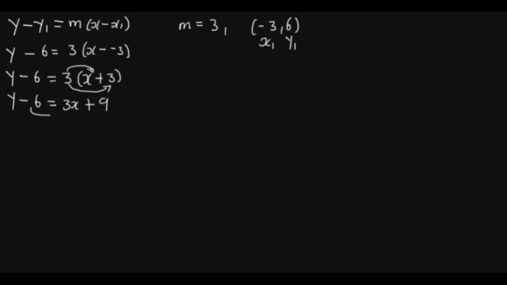So we have to shift this -6 to the other side. So we have y is equal to 3x plus 9 plus 6. y is equal to 3x, 9 plus 6 is 15. So we can answer it like that.